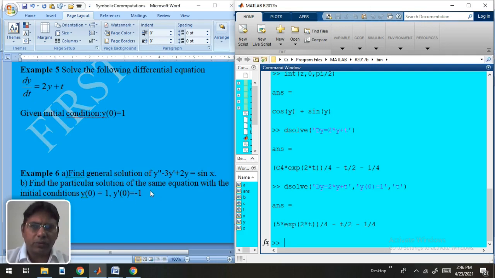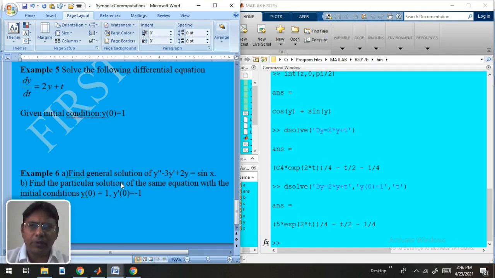Now we can take one more problem from differential equations, a second order differential equation. Suppose this is our function: d2y upon dx square minus 3 dy by dx plus 2y is equal to sine x. We have to find the general solution.